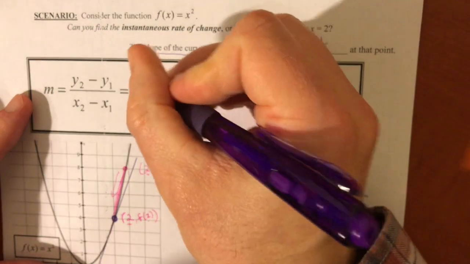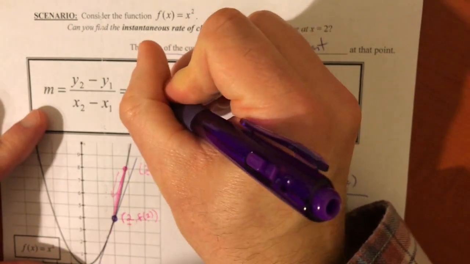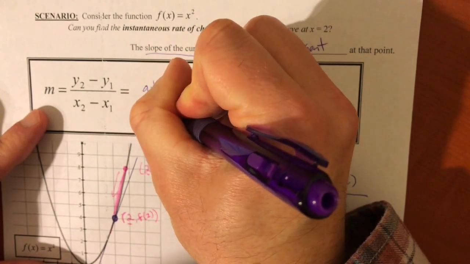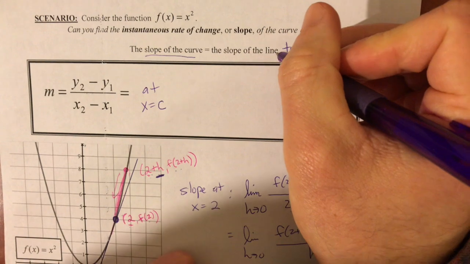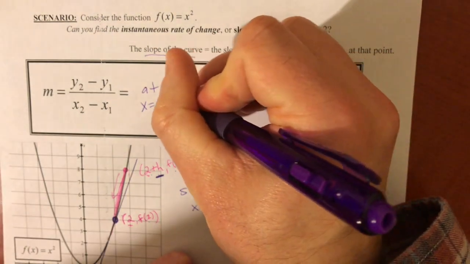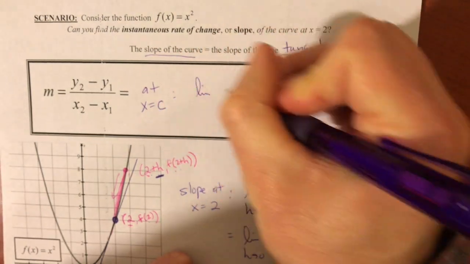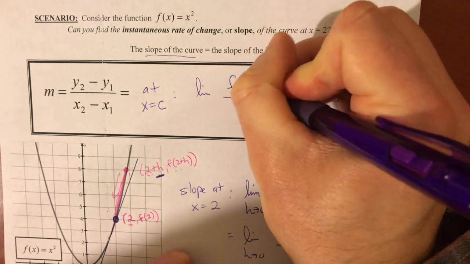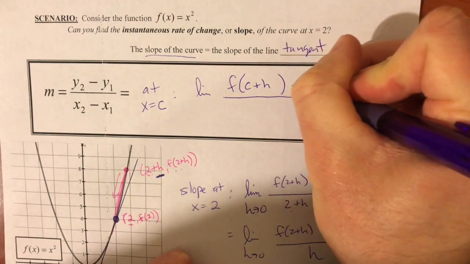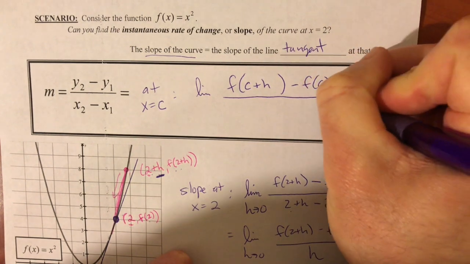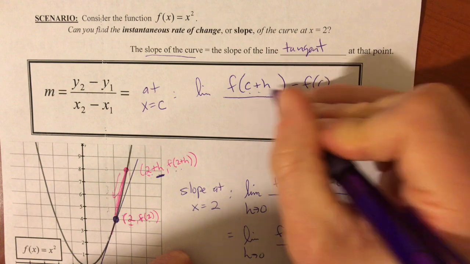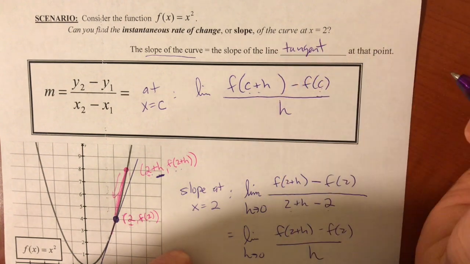And if I want the slope at a particular spot, if I want it at x equals c, maybe I should have gone with a, but it doesn't really matter. The idea is I set up the slope between f of c plus h minus f of c over c plus h minus c, but they will always leave you with h.